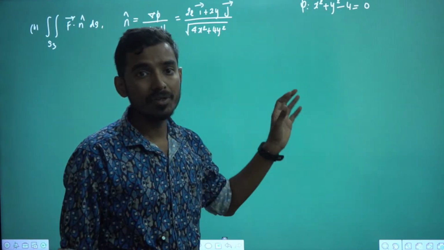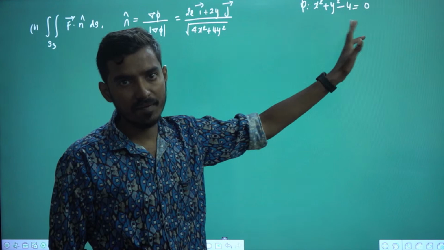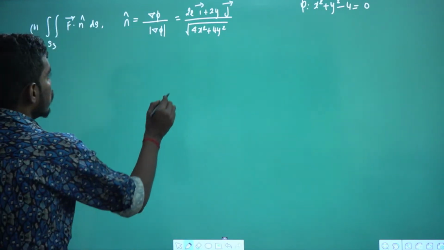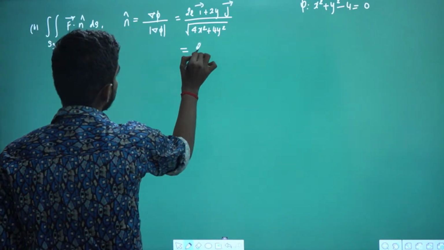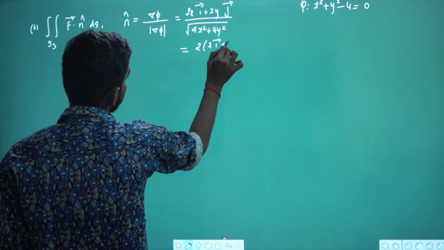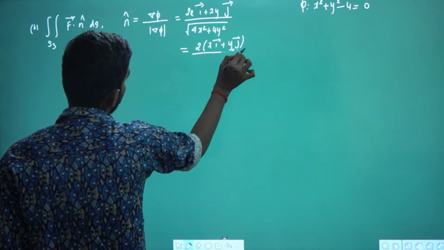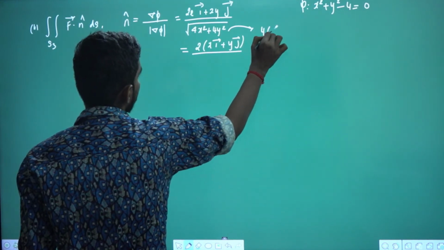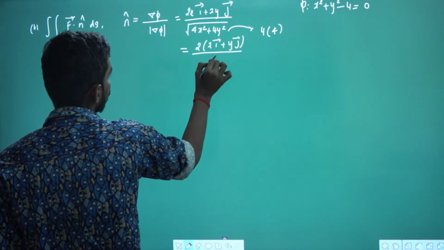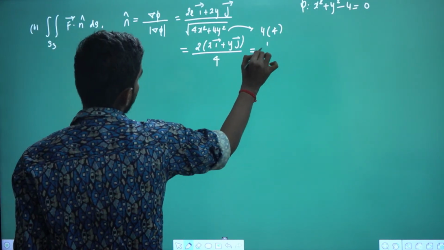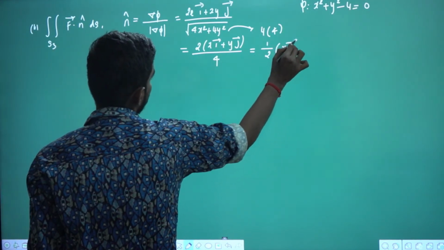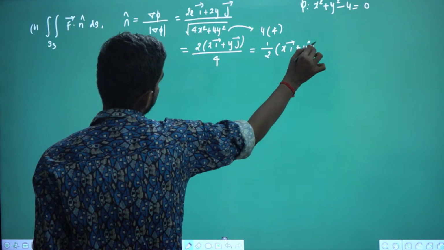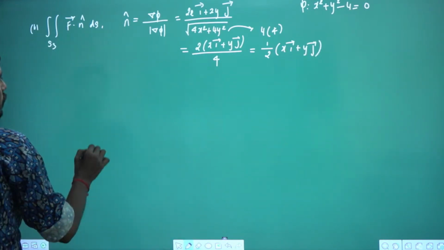Dou by dou z, there is no z. So this is 2 into xi plus yj. If I take 4 outside, we will have x square plus y square, and x square plus y square is 4, so root 16 is 4. This will be 1 by 2 xi plus yj. This is your n cap.